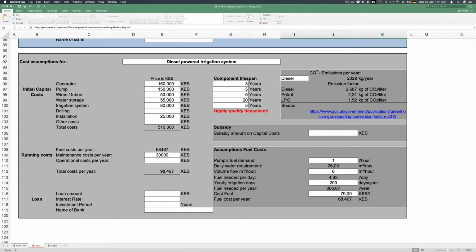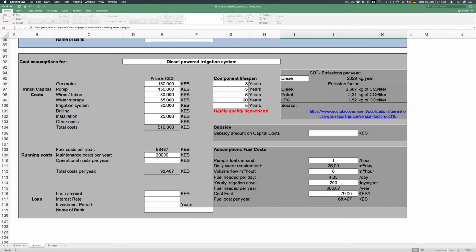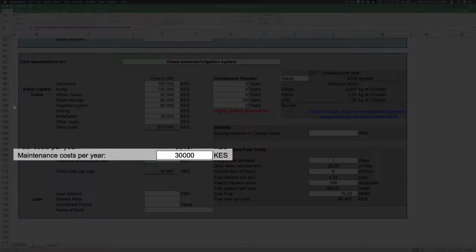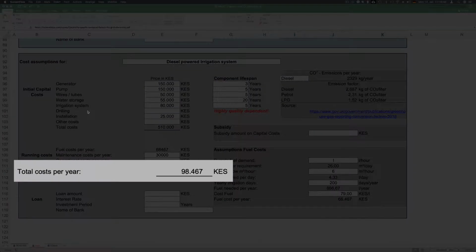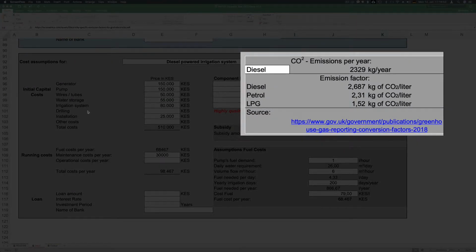These costs are calculated with assumptions as given on the lower right of this section. The maintenance costs per year are 30,000 Kenyan shillings, which makes total costs per year of 98,467 Kenyan shillings. If we look at the right side, we see that the diesel-powered pump emits 2,329 kilograms CO2 per year.